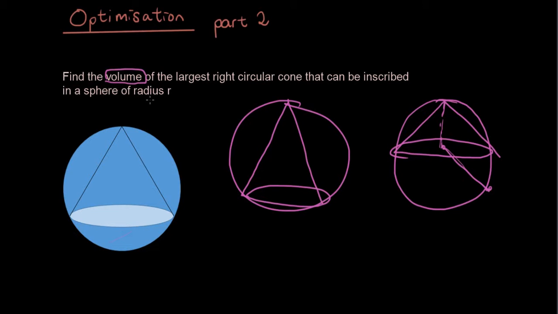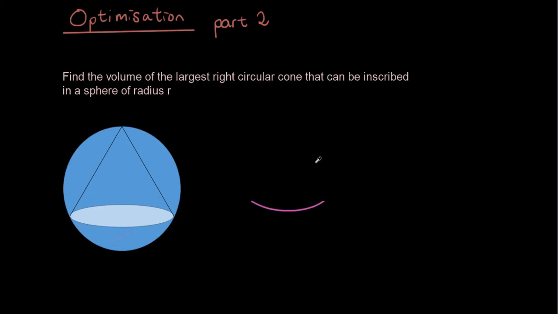We need to express the maximum volume in terms of the radius of the sphere eventually. So if you are finding this explanation a bit hard to understand, don't worry. Hopefully after you watch the rest of the video, you will have a better understanding. So let's define some variables.